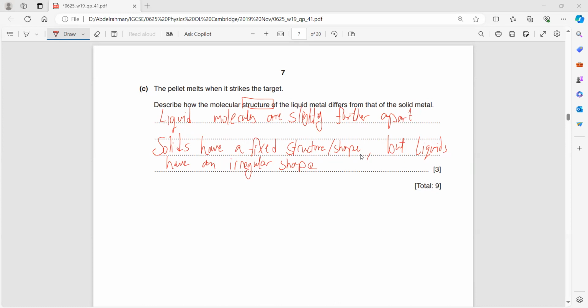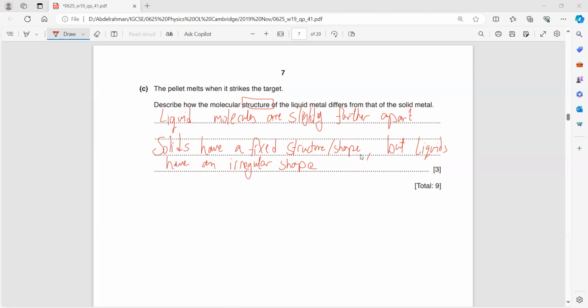So we say the distance between the molecules in the liquid is slightly further apart than the solid. And what do I know about the arrangement? I know that solids have a regular arrangement or a lattice arrangement, but liquids have an irregular arrangement.